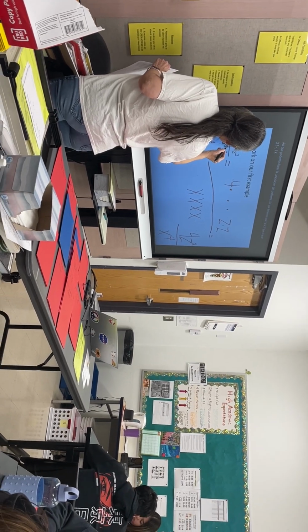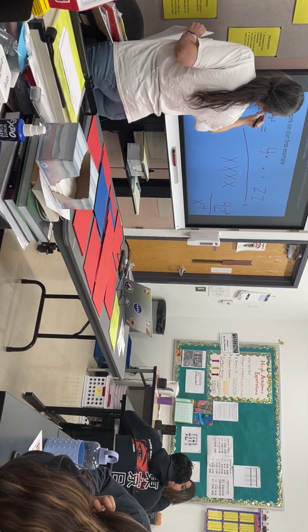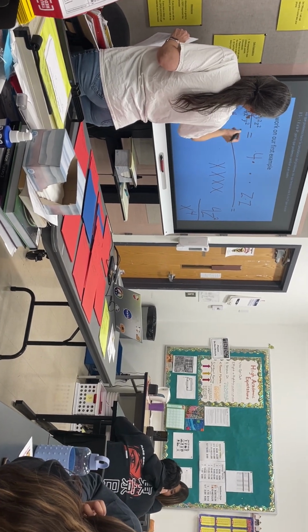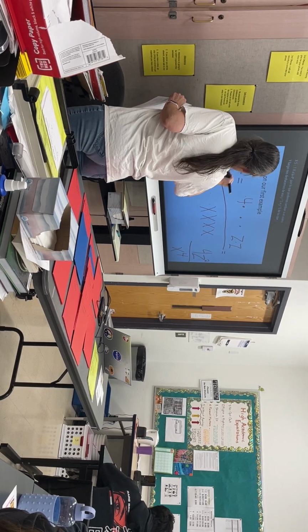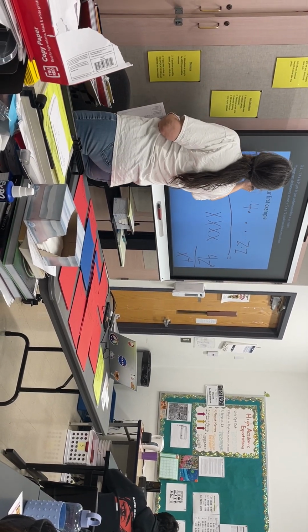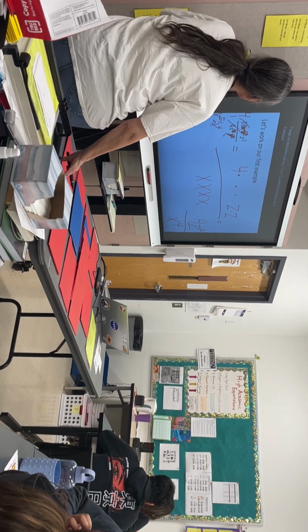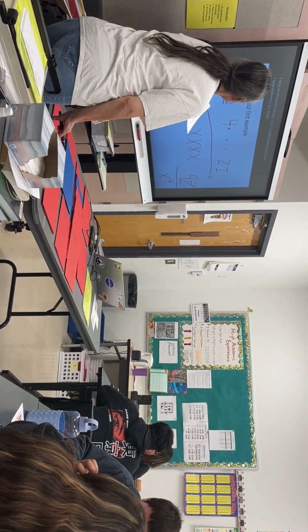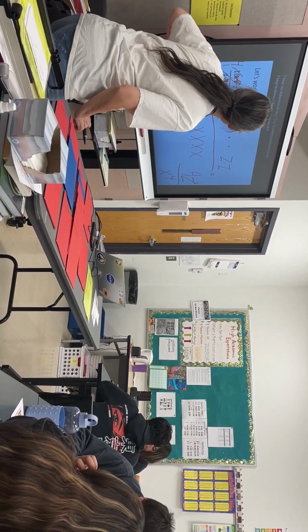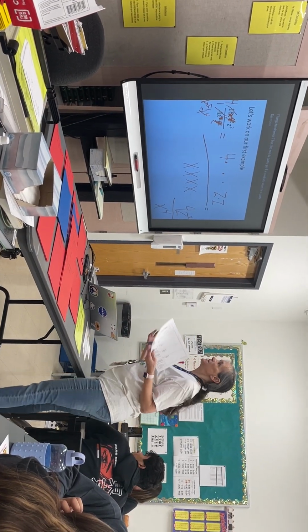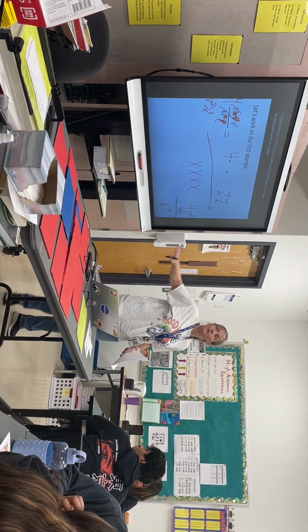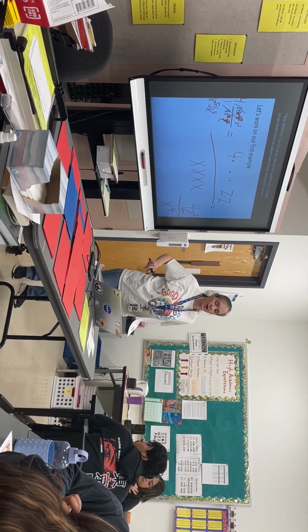This we can change to a 4, and then we get rid of that. Y squared and y squared, we can get rid of, and then we'll have z squared. So that gives us 4 times z squared over x to the 4th. So you can do it either way.